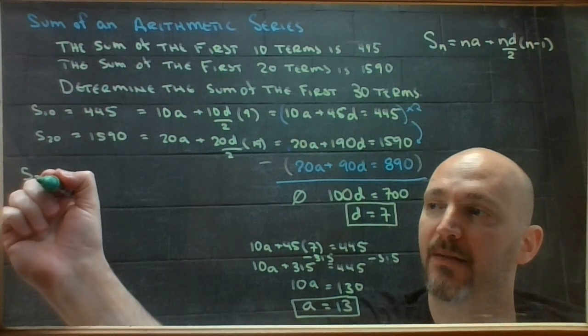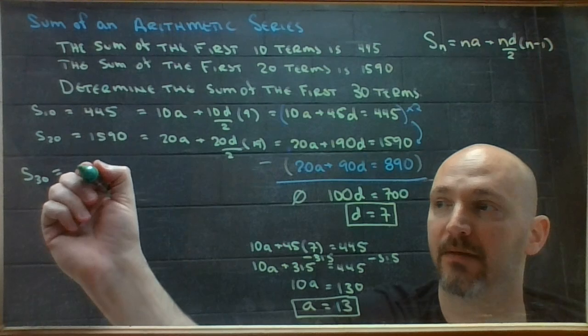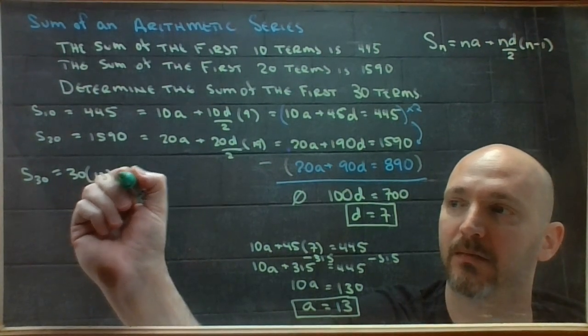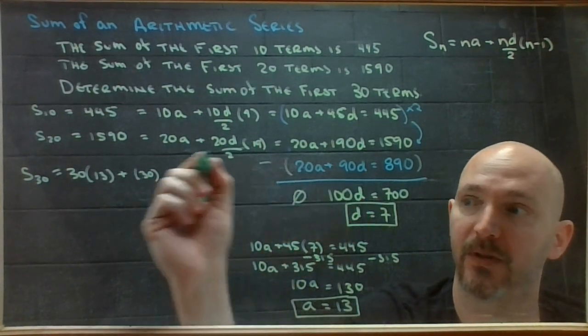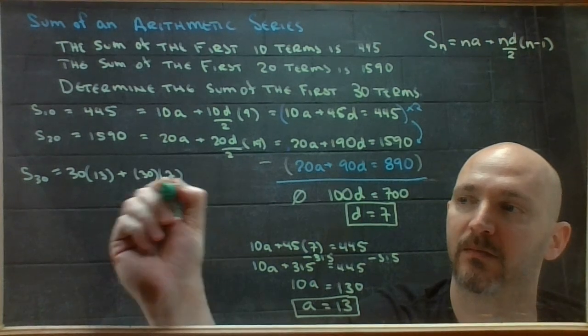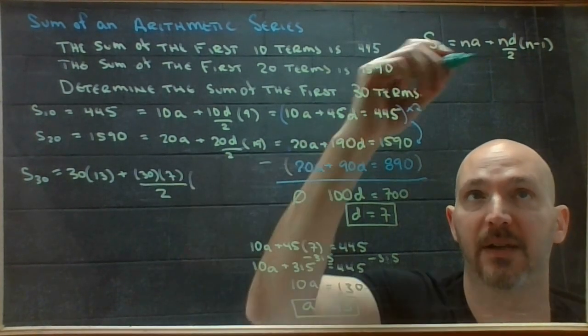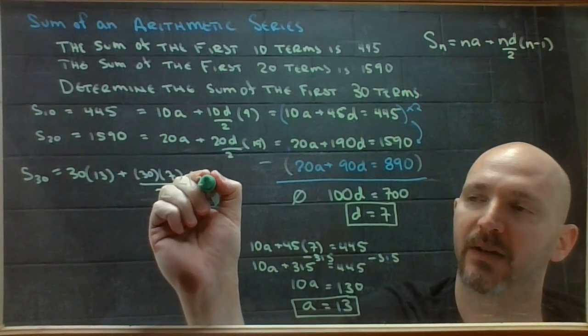So S30 would be 30 multiplied by the A value plus 30 multiplied by the difference averaged over 2 multiplied by the number of terms less 1. So that would be 30 minus 1 is 29.